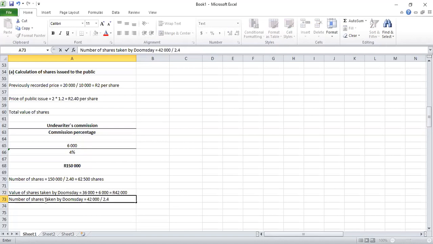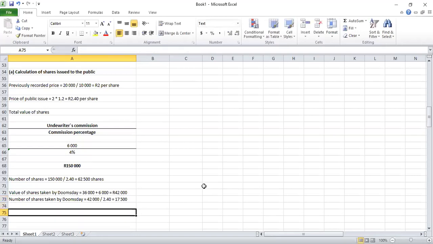Remember that each share was 240. What do we get? 17,500.